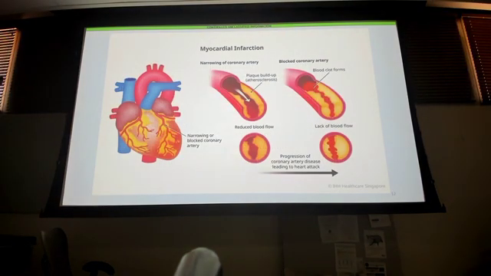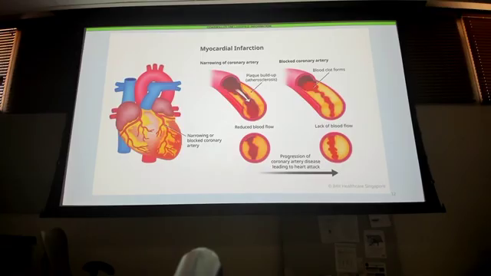And you can kind of see on this graphic, here is somebody with atherosclerotic plaque, and it's narrowing. That would be a patient with stable angina. You're still getting enough blood through that narrowing to meet the non-exertional demand. But you can imagine, if I start exerting myself, maybe it won't meet that demand, and now I'm going to have chest pain.